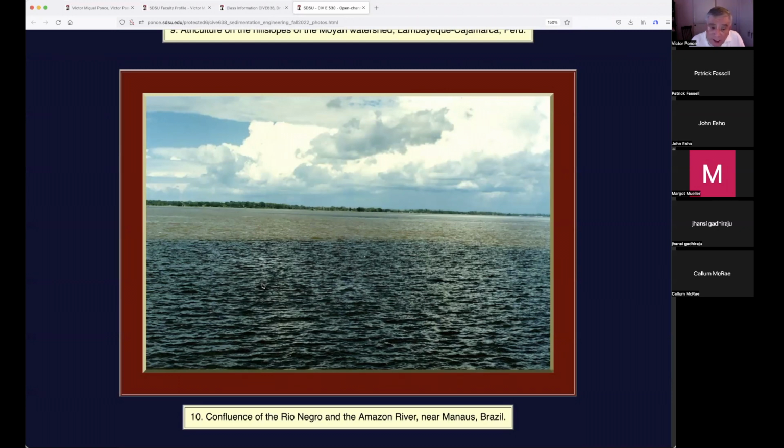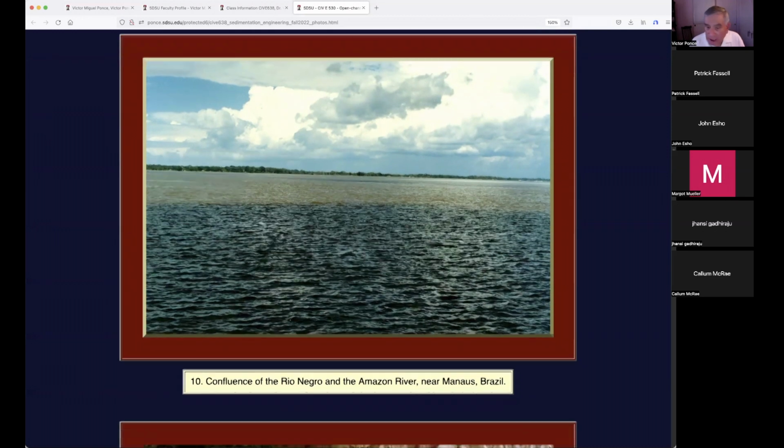So the decay of the vegetation has produced the humic substances, which are all over, and produce the characteristic blackness of the river water. This place is called the Meeting of the Waters in Manaus, Brazil, where the Amazon meets the Negro and eventually swallows it because the Amazon is a lot larger at this point.